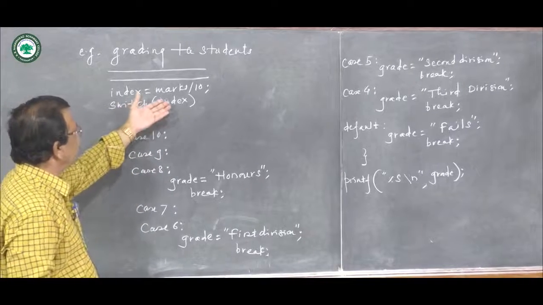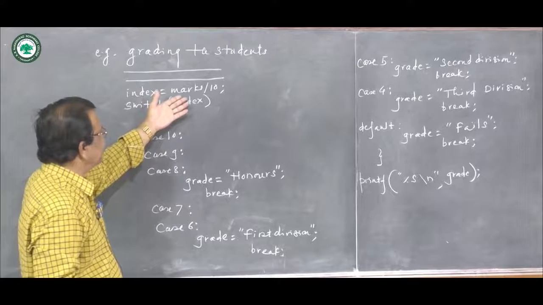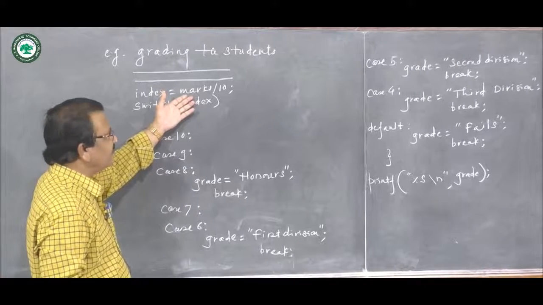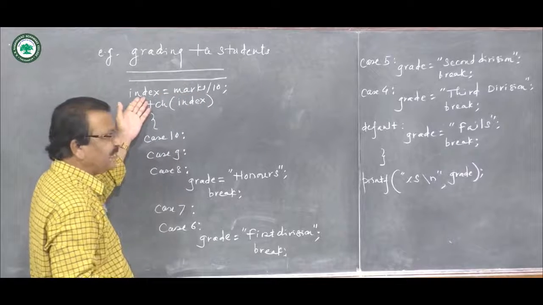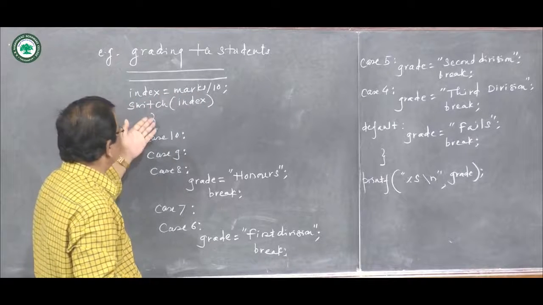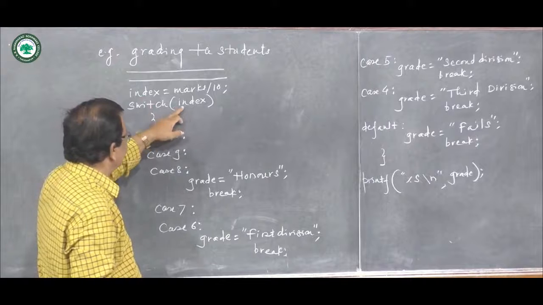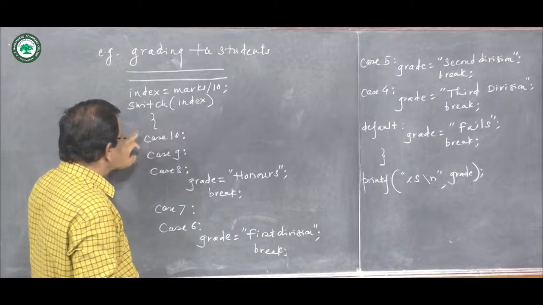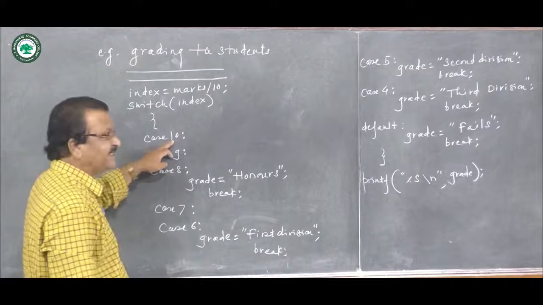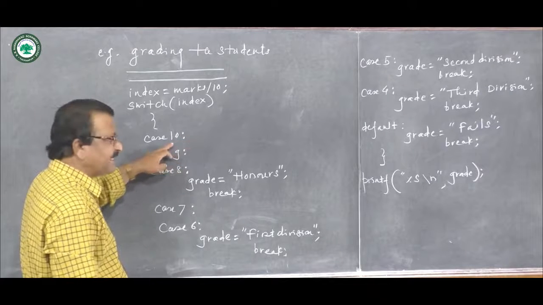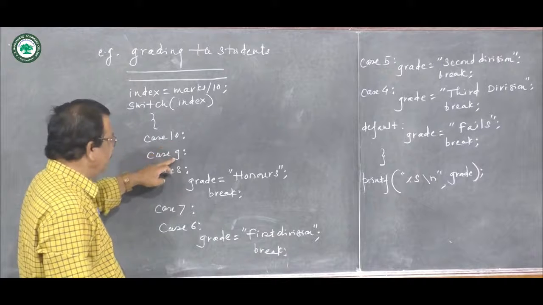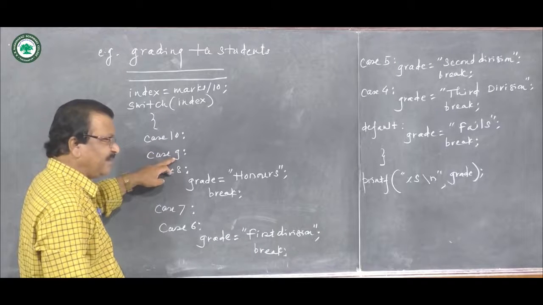If a student secures marks, say 100 out of 100, then marks divided by 10, the value of the variable index will be 10, and then the control will directly jump to the first case, namely case 10. But no statement is there, so it will skip as a sequential execution. It will go to the next case, namely 9.